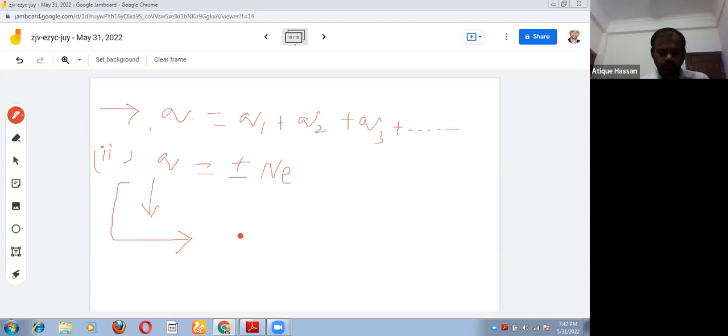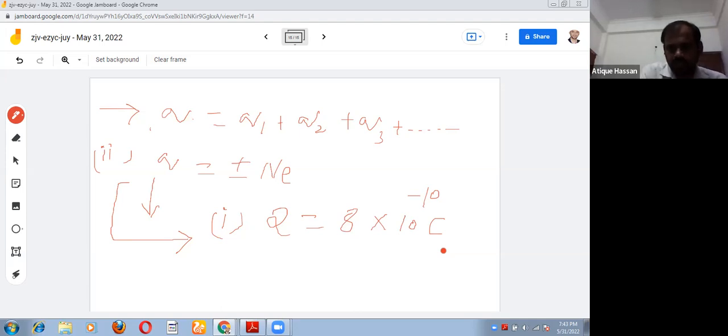Suppose the charge on an object is 8 into 10 to the power minus 10 coulomb.